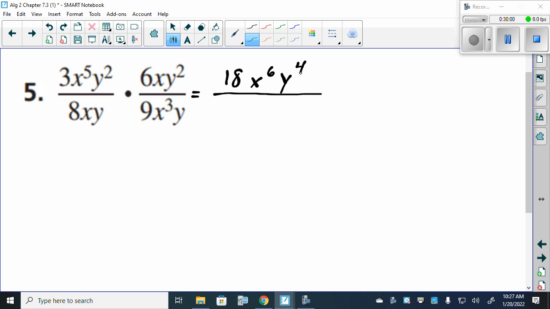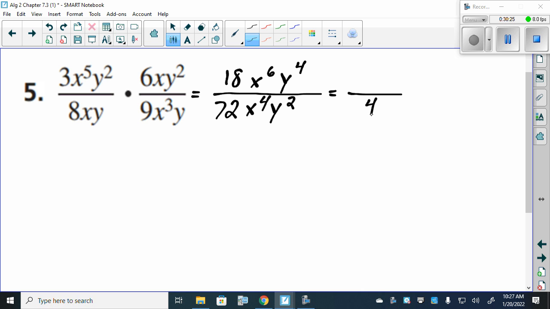And on bottom, 8 times 9 is 72. X times x cubed would be x to the 4th, and y times y is y squared. Now we can simplify. 18 divided by 72 is 1 over 4.